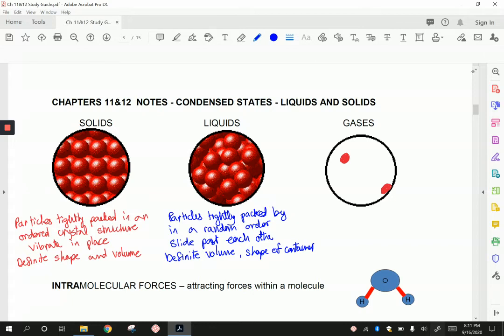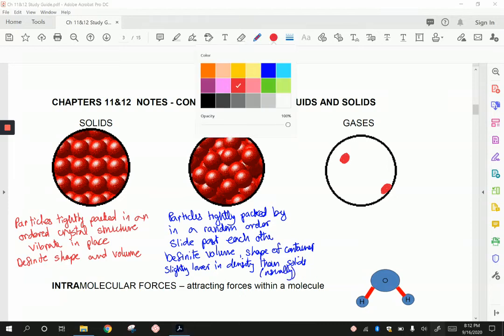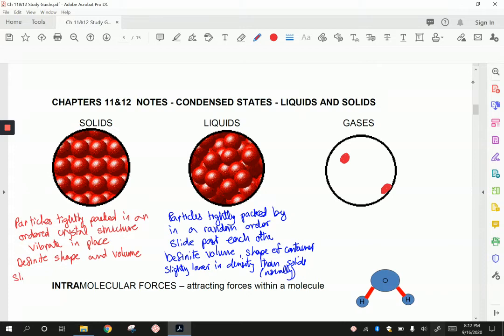But we're going to say slightly lower in density than solids. And I'll say usually because, again, water is an exception. With solids, I'm going to say slightly higher density than liquids. And again, I'll say usually.